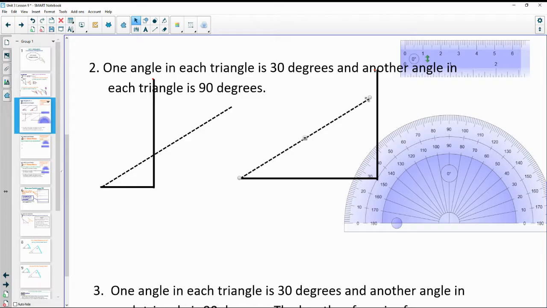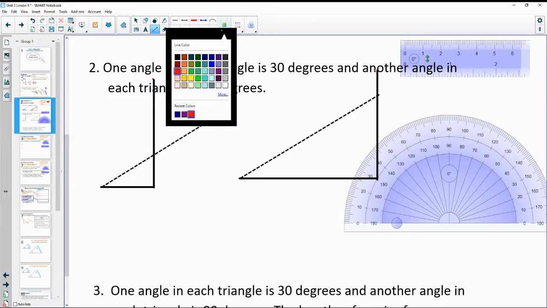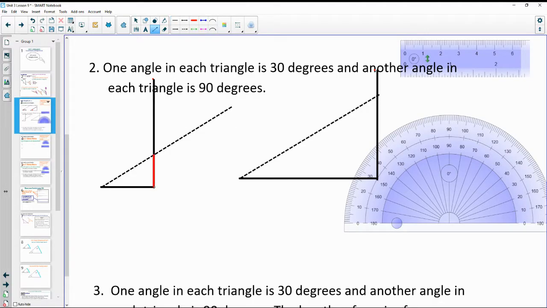So I need to extend this one a little bit further. All right, but then you can see the triangle here. So let me just redraw this in a different color since I did this one as a bold line. But this triangle has a 30 and a 90. Okay, 30 being right here, 90 being right here.